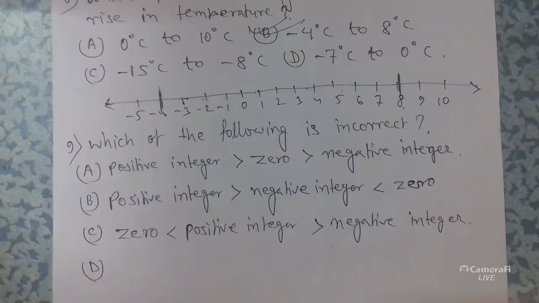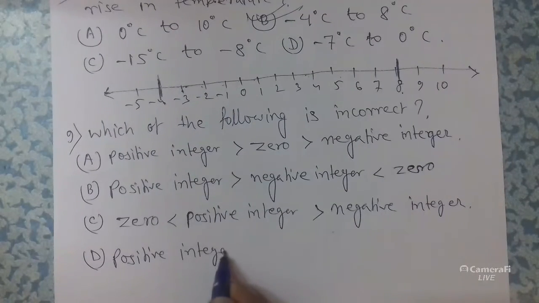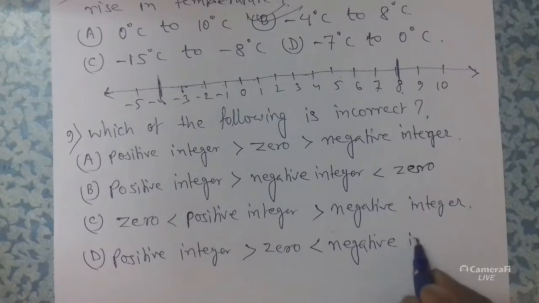And option D is positive integer greater than 0 less than negative integer. Now students, we have to find the incorrect option. Which is incorrect?